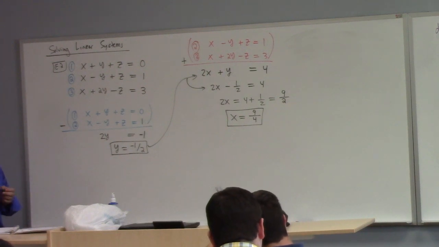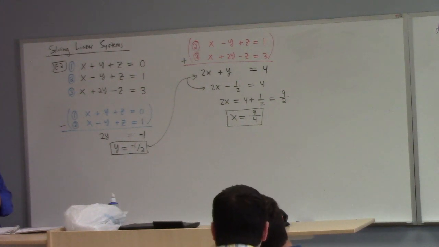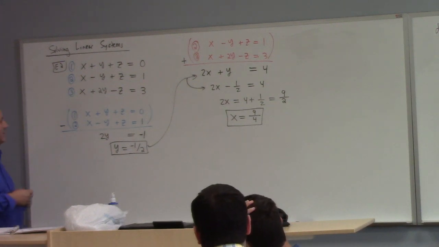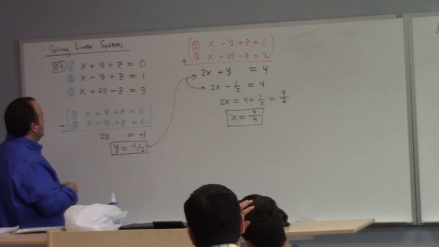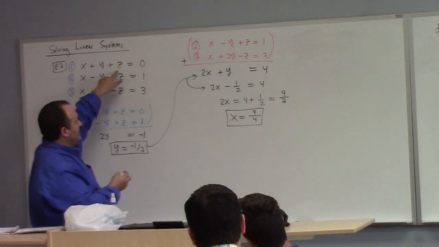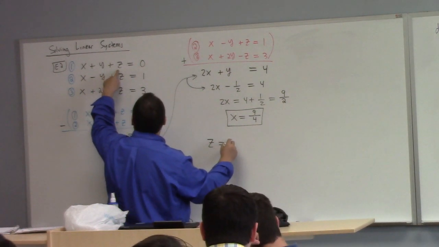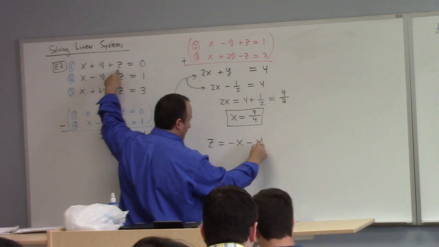Great. Now what? Yeah, pick one and plug both in. I think that's good. Which one do you want to pick? Does it matter? Not usually. Not hugely. I think the first one's the laziest choice, right? So the first one, if we solve it for z, we get z is equal to minus x minus y, right?